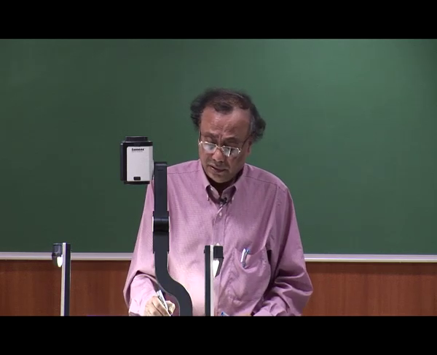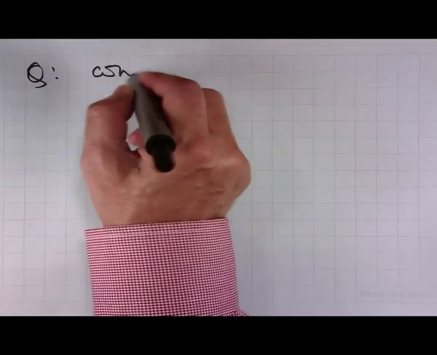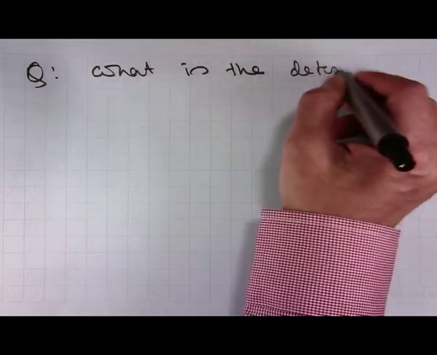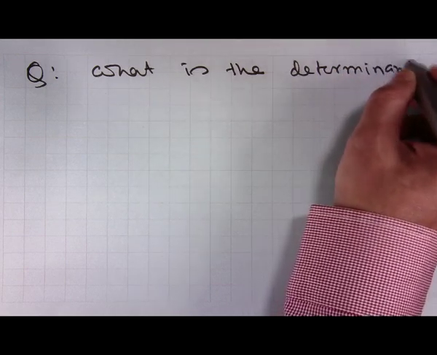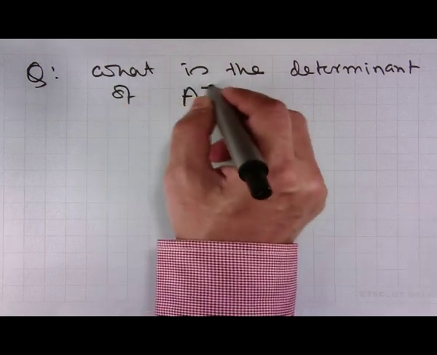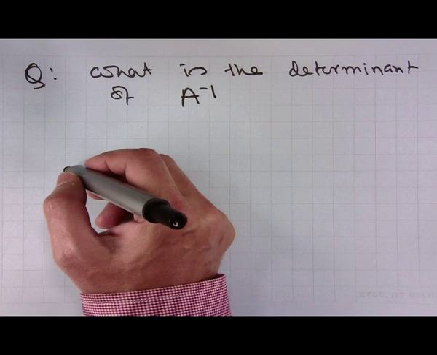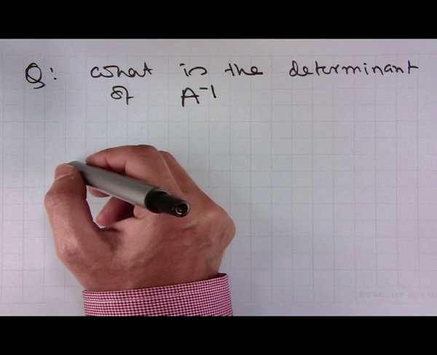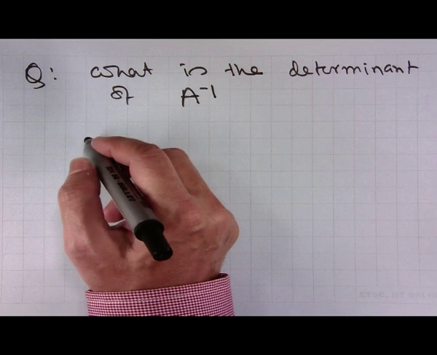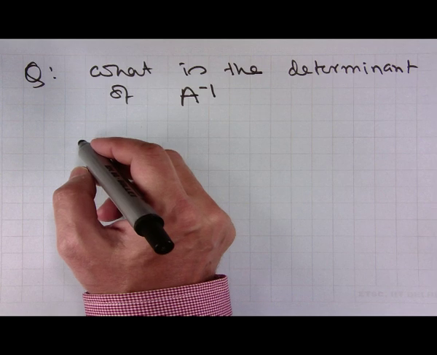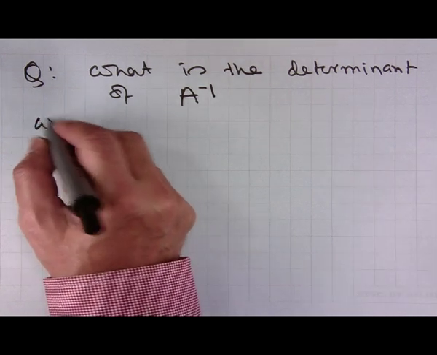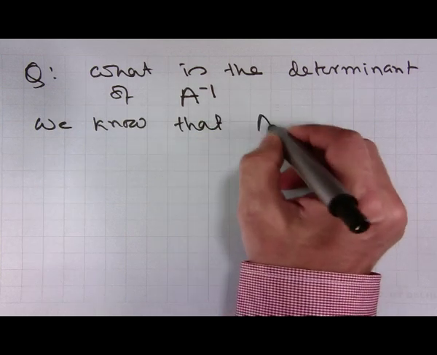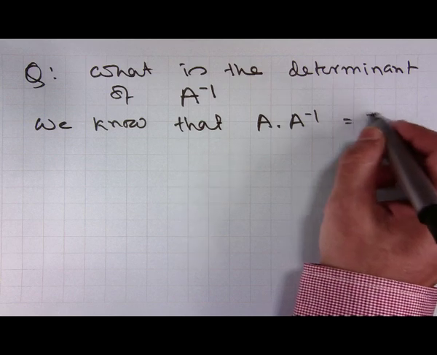Now, the question is, what is the determinant of A inverse? That means, if we have the determinant of A, then what is going to be the determinant of A inverse? We know that A into A inverse is equal to identity.